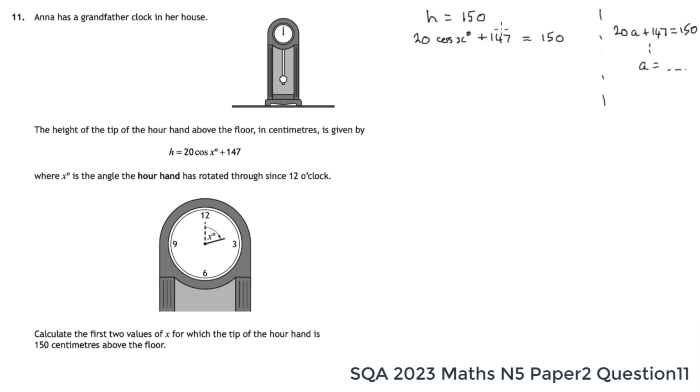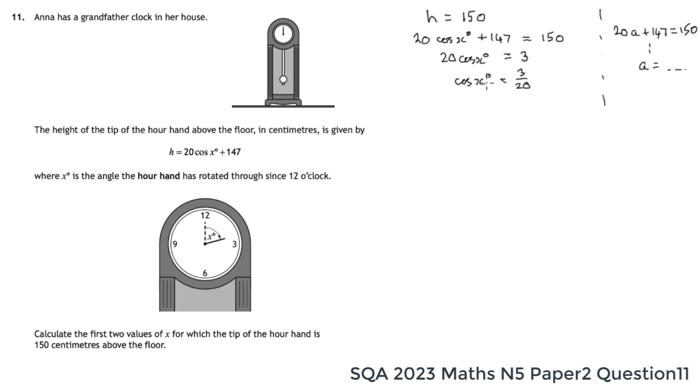So our first move would be to take 147 away from both sides of the equation. So that's gone. 147 away from 150 is 3. Now we get rid of times 20. We divide both sides by 20. So that 20 disappears there. And we'll get 3 divided by 20.